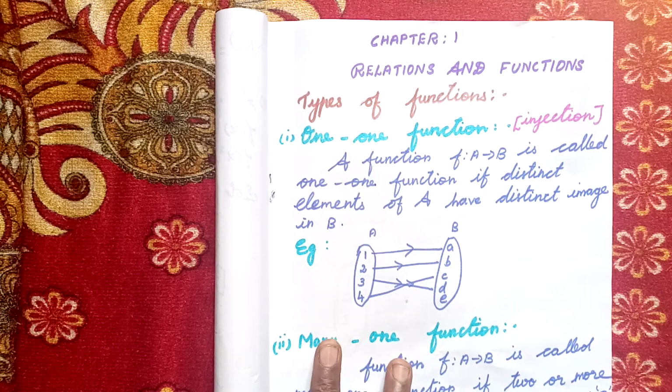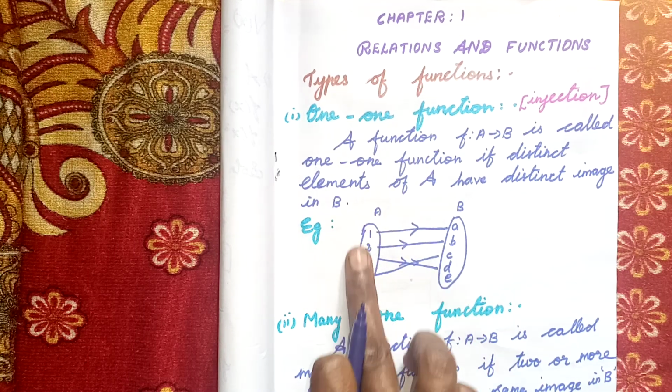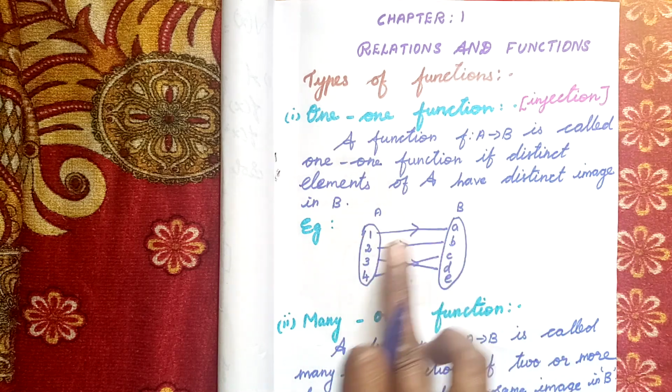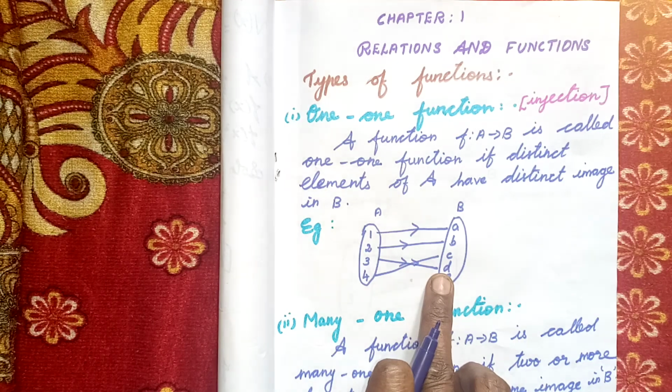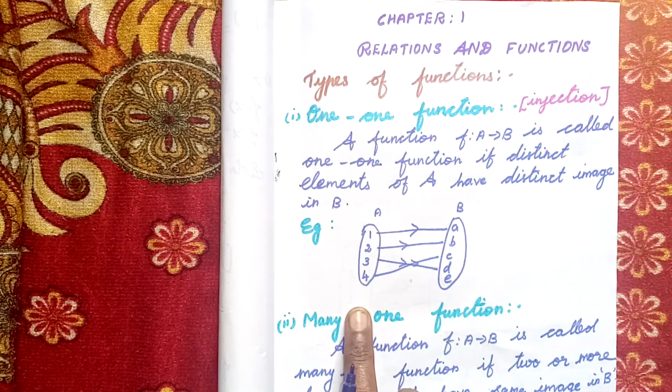Yes, it is a function. Each element in A has an image. 1 has the image A, 2 has the image B, 3 has the image D, 4 has the image C. Therefore, it is a function.